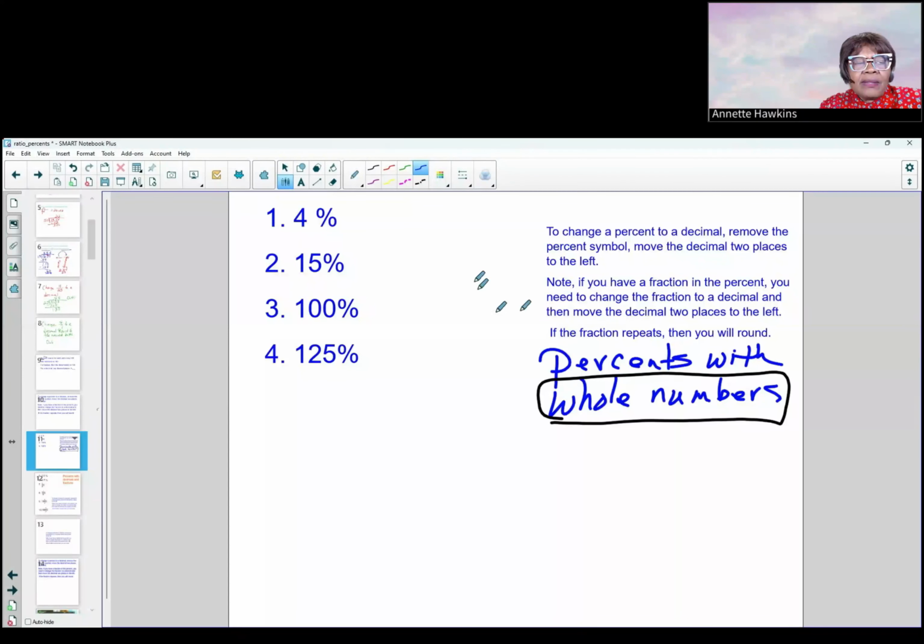So to change a percent to a decimal, remove the percent symbol, move the decimal 2 places to the left. So let's do that.